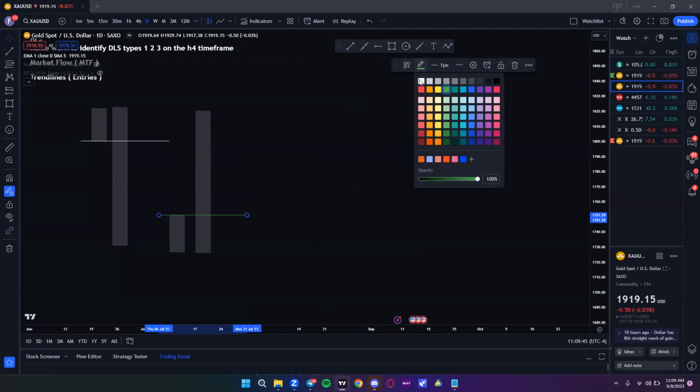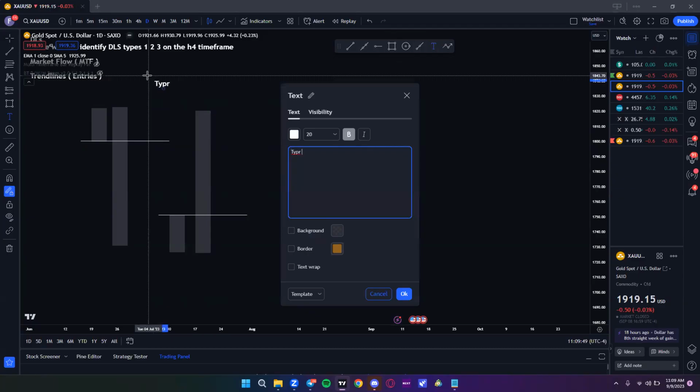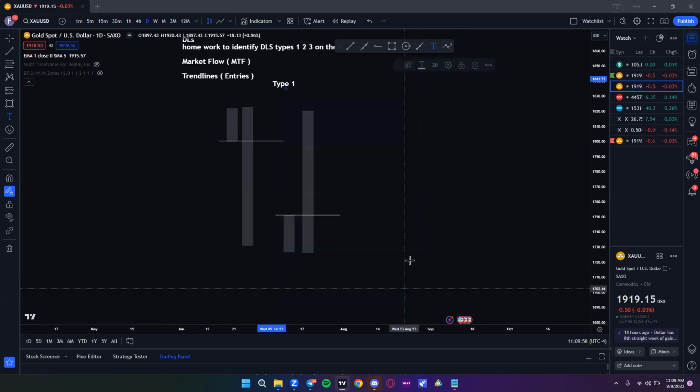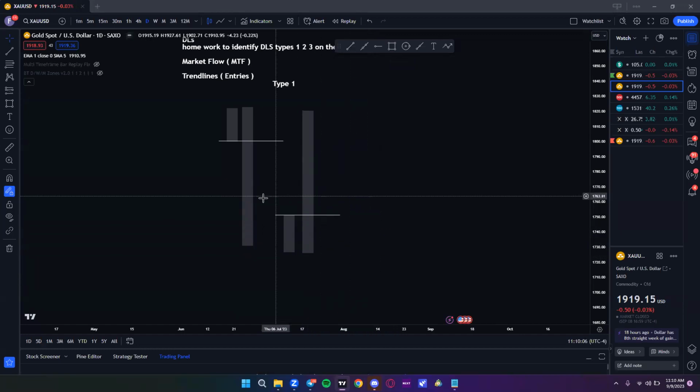So this one is decision level type 1. Type 1 is pretty much like an engulfing level or like an order block level. And if you guys traded smart money, that's how you would mark it.